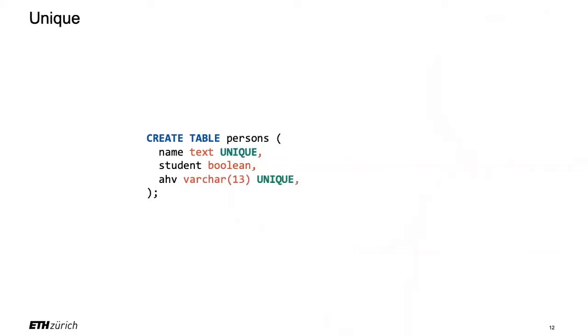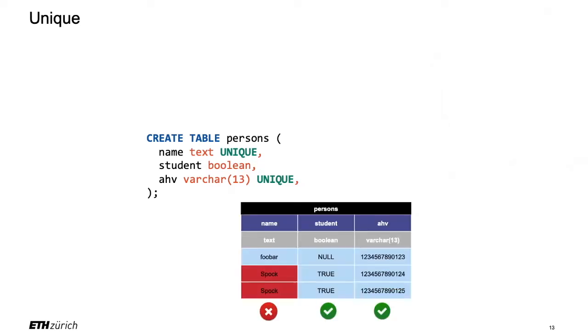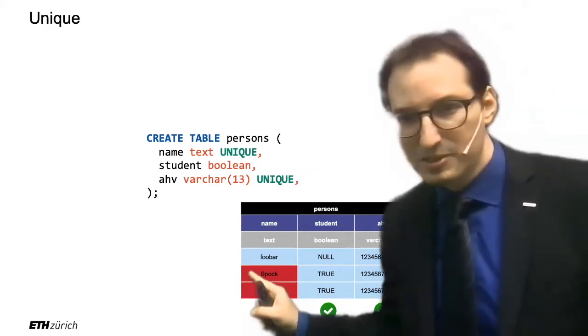Okay. Now the third one, unique. What unique does is that it makes sure that the same value is not going to appear several times in your table, in the same column. So if you say name is unique, you're never going to have twice the same name. So in that case, this is a breach.